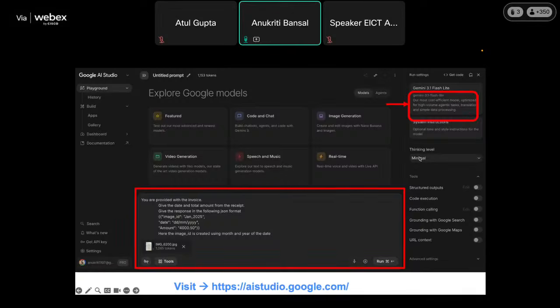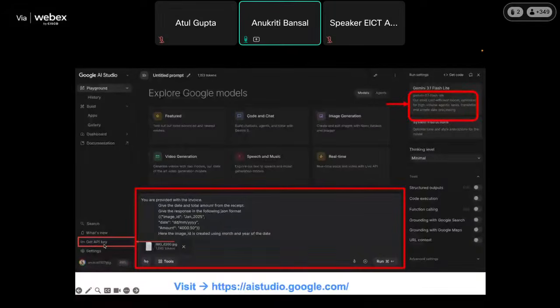Most of the time I don't need that kind of thinking in my day-to-day tasks. But on aistudio.google.com, if you can open it on your laptops right now, you can change the thinking level here, instead of minimal, as per your application. You can choose the model, choose the thinking level, and get the API key from here.